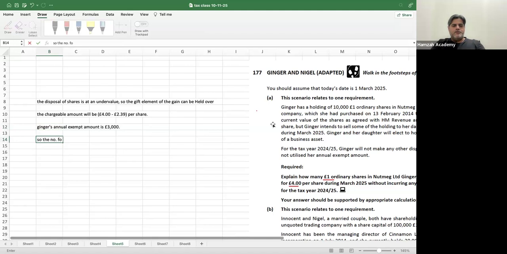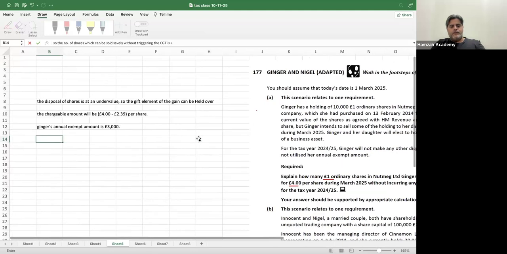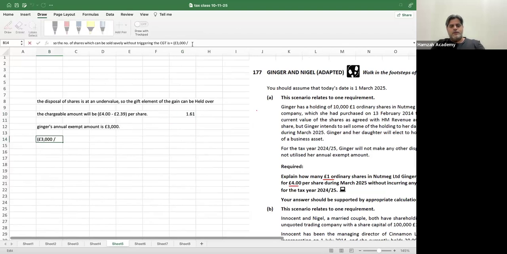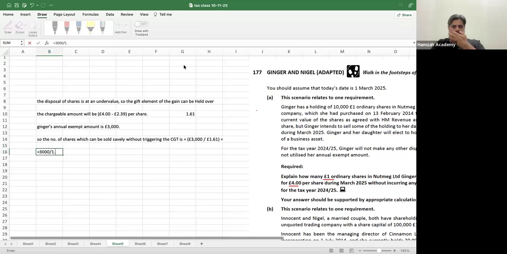So the number of shares which can be sold safely without triggering the capital gains tax is going to be this £3,000 divided by this amount, 4 minus 2.39, that's 1.61. That's going to be 1,863 shares.